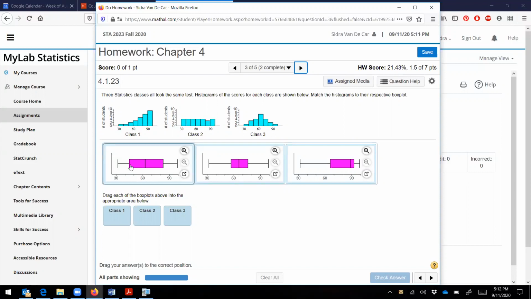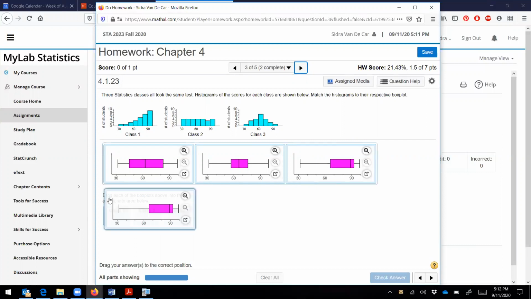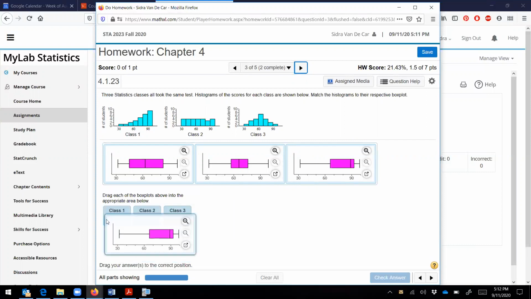But notice that the spread here of the middle 50% is much wider than it is here. Now, if I look at which one of these is kind of skewed, this one would be skewed to the right. So this class 1 is clearly the last graph because of the skewness.